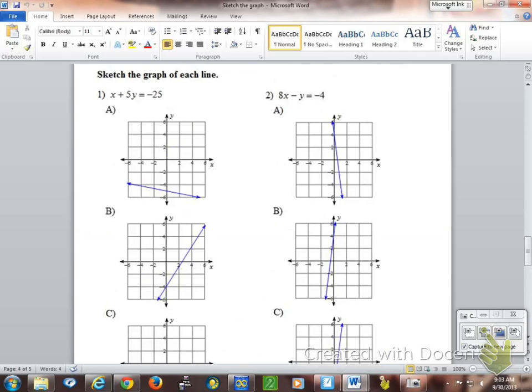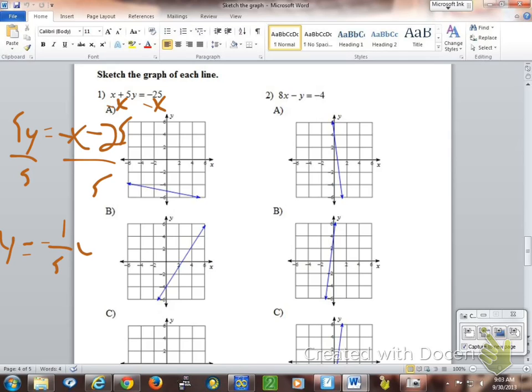So really, if you can solve for y, you should be able to graph, because slope, intercept. But number one, we have to do what? Subtract x. So that'll be 5y equals -x minus 25. Divide by 5. And that's y equals -x/5, or -1/5 x. What's 25 divided by 5? 5.